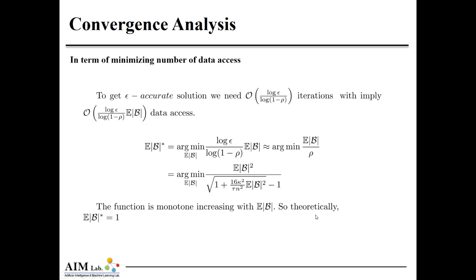So theoretically, the path size should be 1. So if you choose path size 1, the previous framework is useless because it uses random path size.